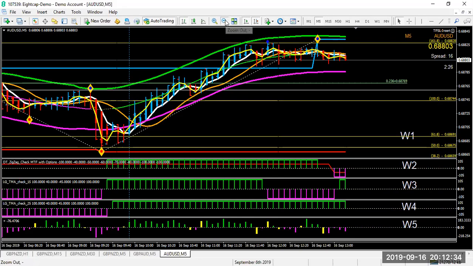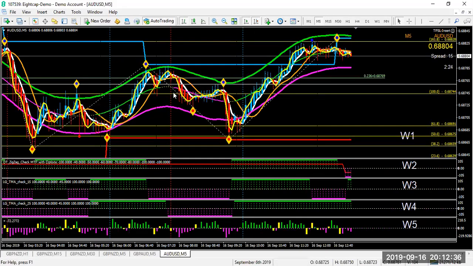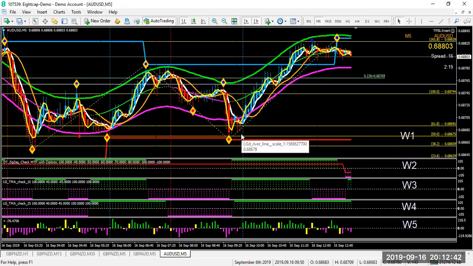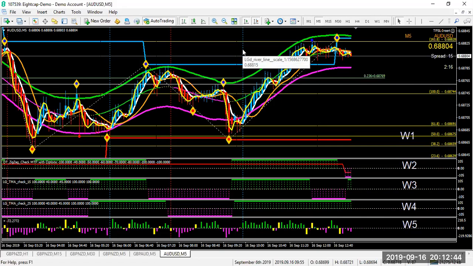Okay, and we can, and it's definitely our choice, we can always only enter trades when the vertical lines are there.